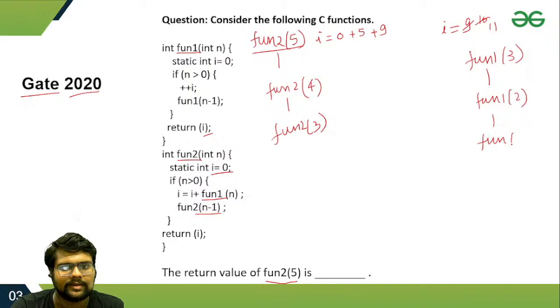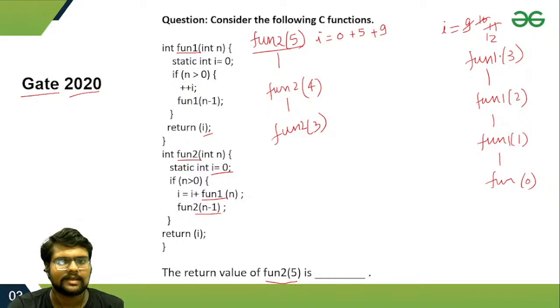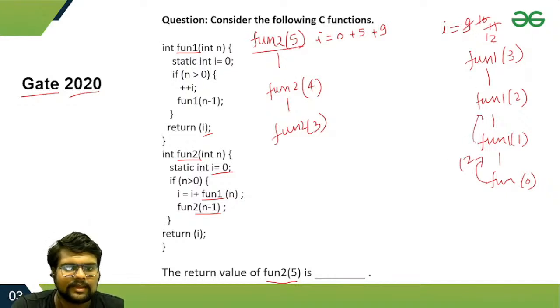Then fun1 of 1 will be called, again it will be incremented to 12. Then fun1 of 0 will be called. So I becomes 12, so 12 will be written here, 12 here, then 12 here, and 12 here, and we will add 12. The current value of I is 12. Let me erase all this.